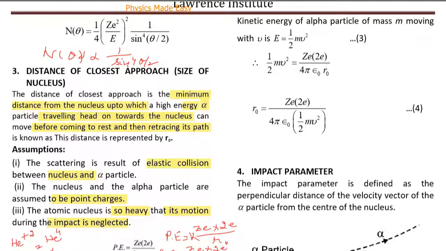Half mv square is the kinetic energy at A. This is equal to the potential energy at B, ZE into 2E divided by 4 pi epsilon naught r naught. From here I can calculate the distance of closest approach r naught.